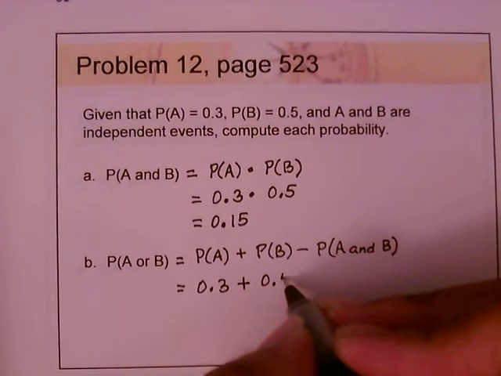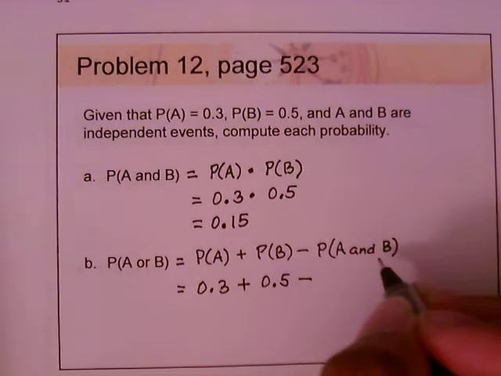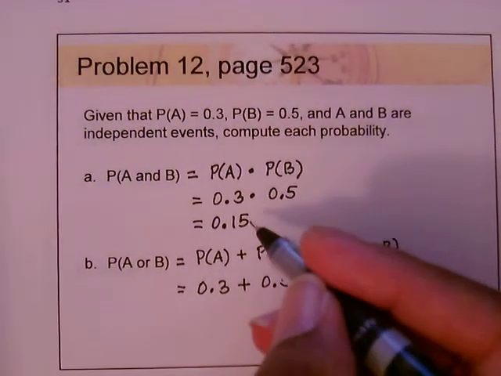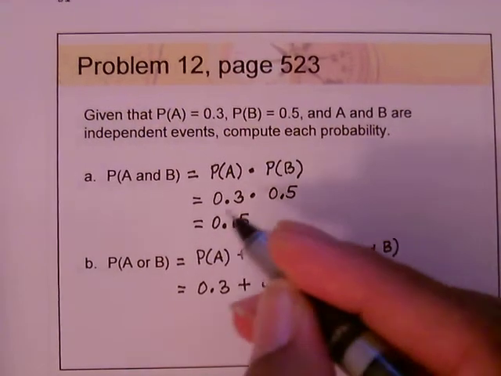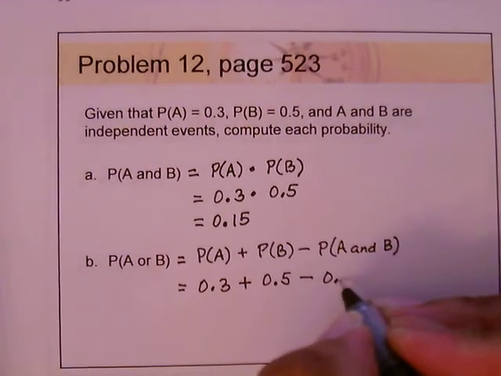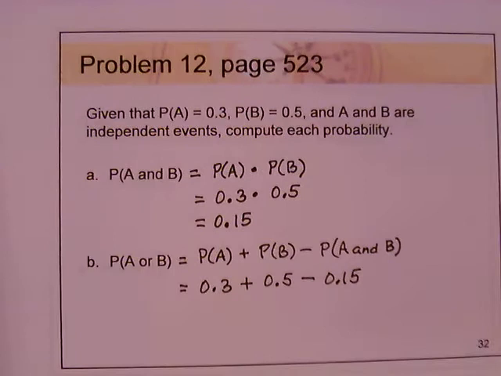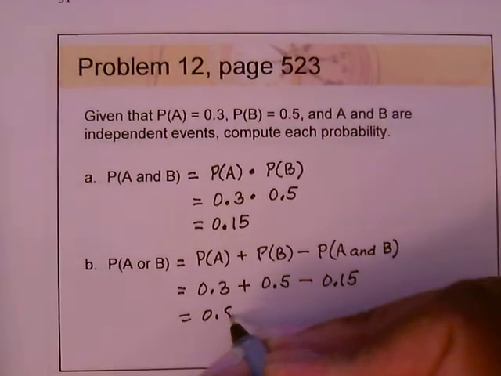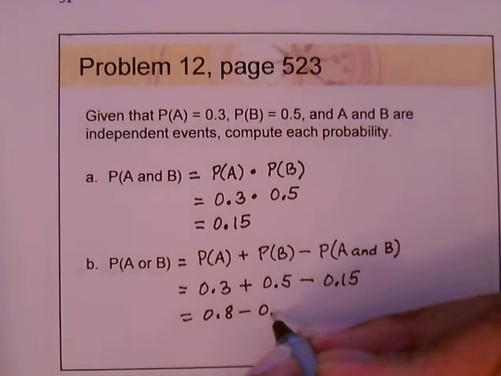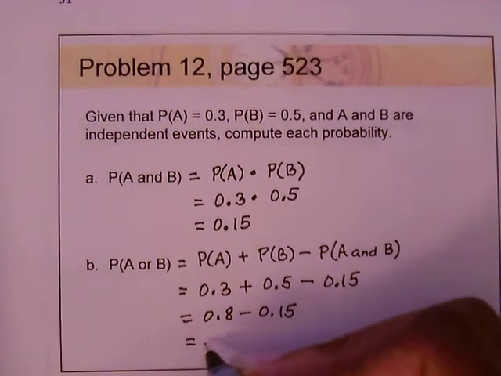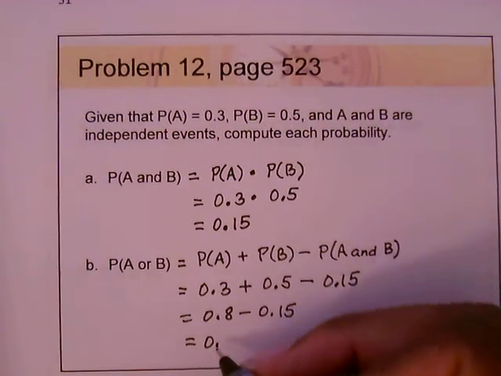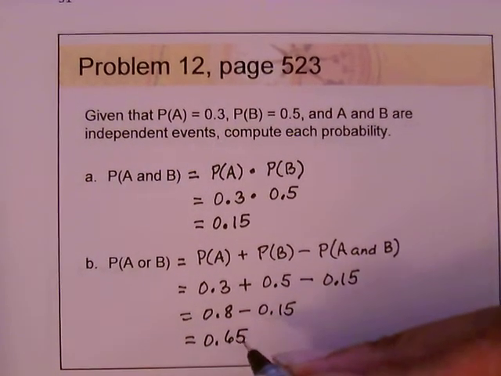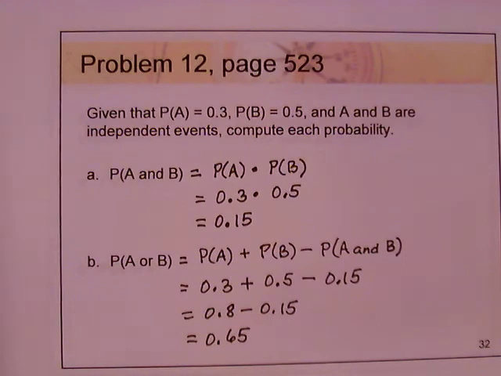We're going to subtract from it the probability of A and B, which we found out in part A, that is 0.15. So if I do 0.3 plus 0.5, that will be 0.8. 0.8 minus 0.15 will end up being 0.65. That's the probability of event A or B.